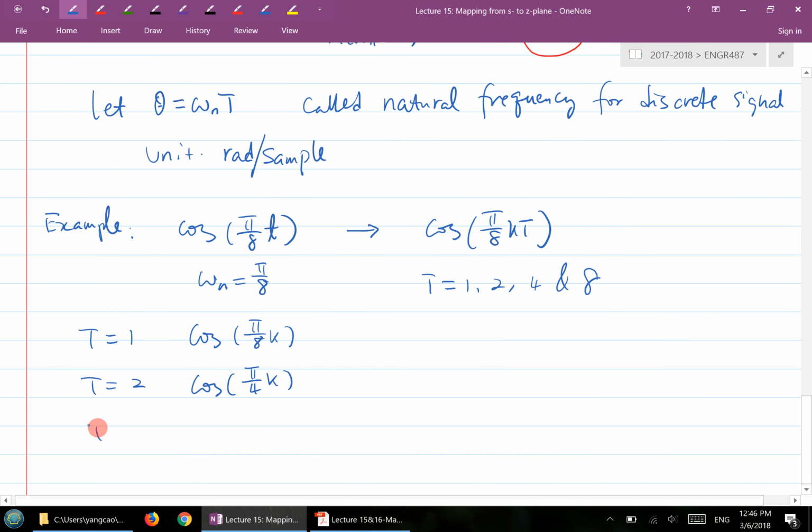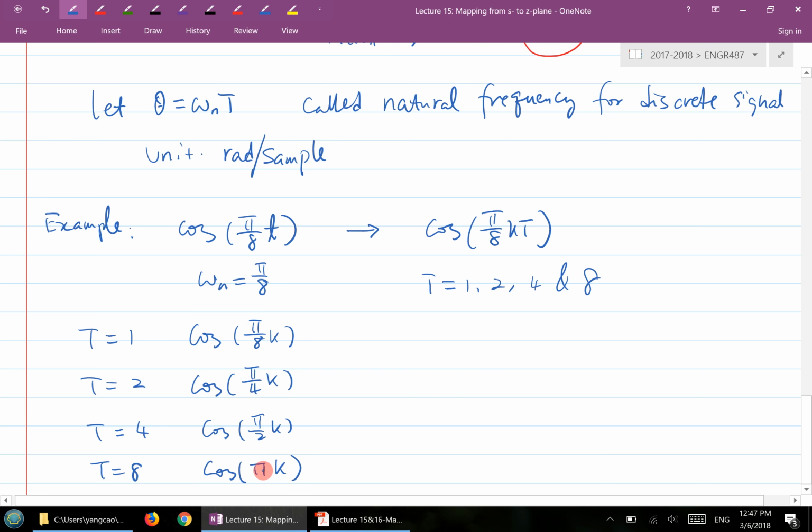When T equals 4, you have cosine of pi over 2 times k. And when T equals 8, you get cosine of pi times k. That's what happens when you pick a different sampling time.